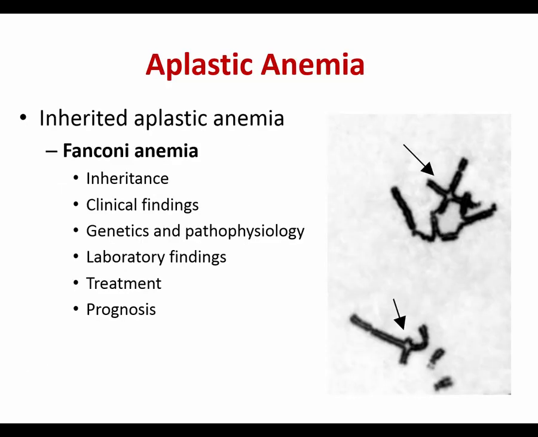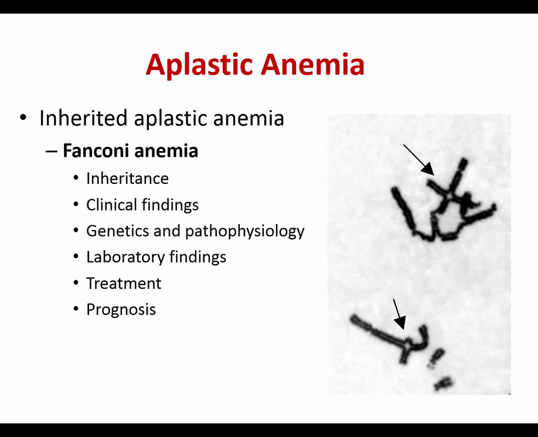This is Fanconi anemia. This is what happens. The chromosomes, in the case of Fanconi anemia, are going to be cross-linked. Because this cross-linking happens to all of us, but we have the right enzymes to fix it, everything is fine. But if we don't have the right enzymes that are found in the FA pathway, this cross-linking is not going to be fixed.